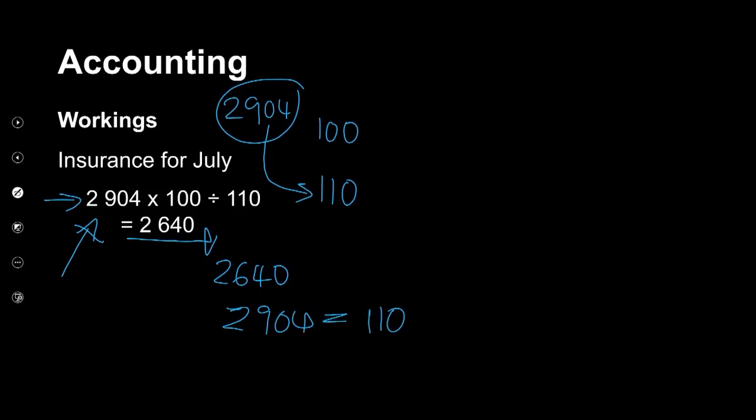Watch, I'm showing you another way of calculating this figure. The 100% is your unknown. Therefore, in your calculation, we're cross multiplying. 2904 times 100 divided by 110 will give you 2640. So that's how we calculated the insurance premium prior to the increase.